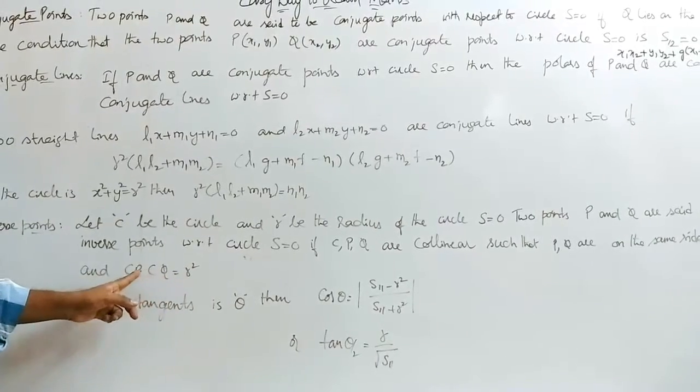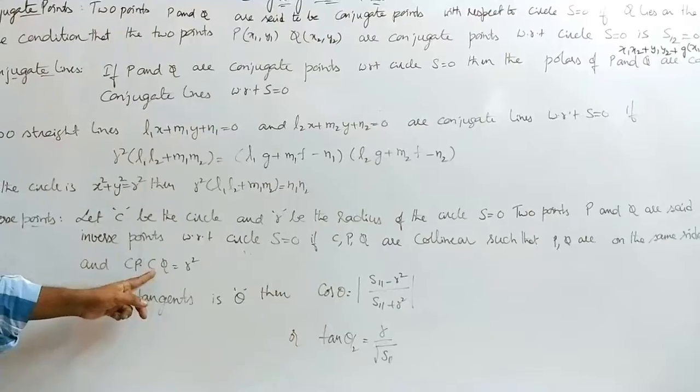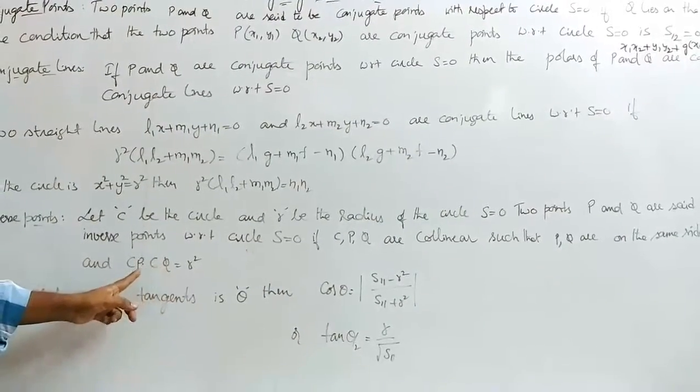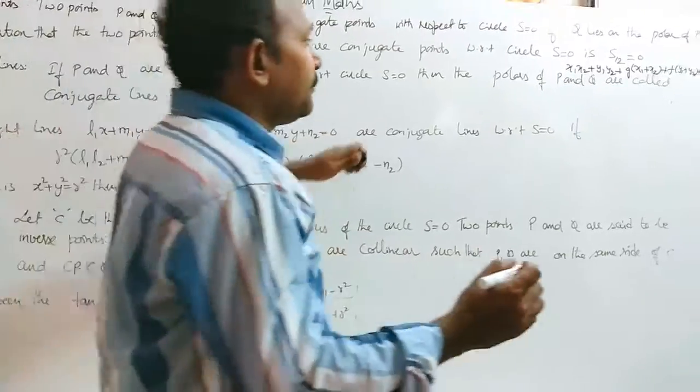So CP is the distance between C and P and CQ is the distance between C and Q. Then the product of the distances is equal to R square.